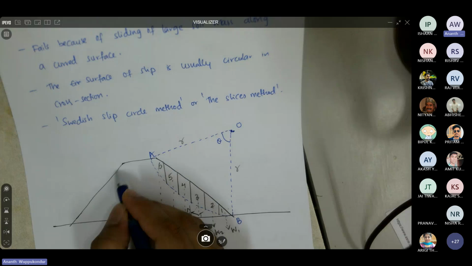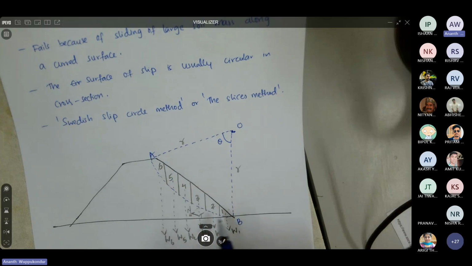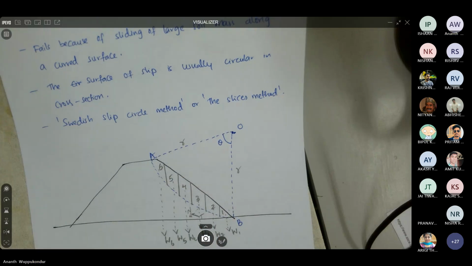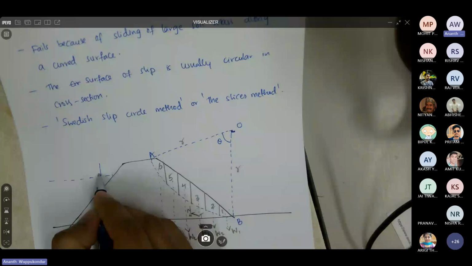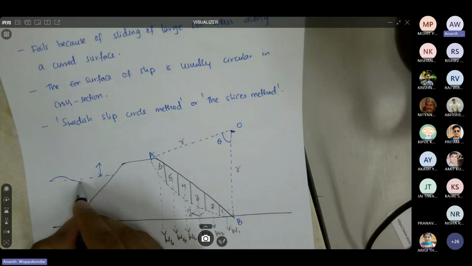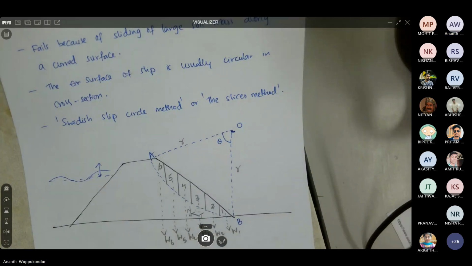The slopes are generally fixed based on the type of soil used for the embankment. The height of the embankment is based on the upstream water level and the freeboard you want to provide for the waves generated by the wind. Considering all of these parameters, you come up with a preliminary section for an embankment.